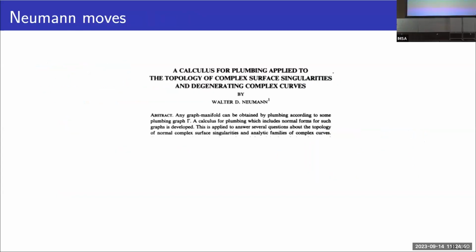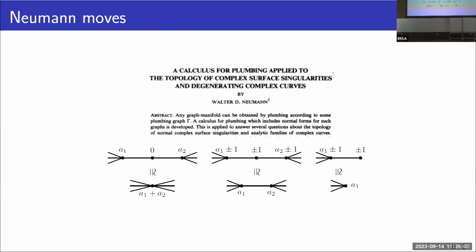Okay, so here is the famous paper of Neumann, where he developed a kind of calculus based on Kirby calculus for knots and links. But this one is much simpler because we have just graphs. There are no complicated knots. And he showed that there is a certain set of moves.